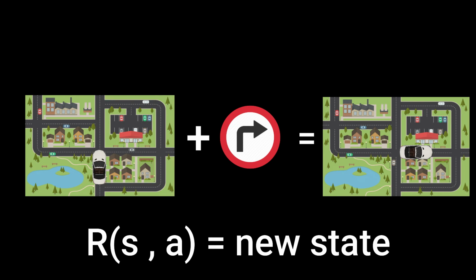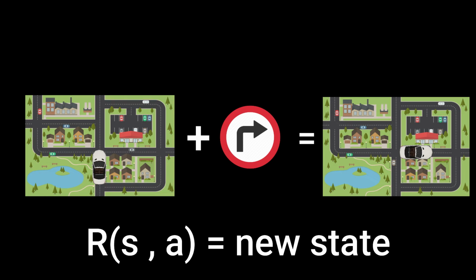This is a state of our self-driving car. And here's an example of an action, taking the right turn. So what happens when you put these into the result function? The result function takes this state as a first input and takes an action as a second input. The output is a new state, and this describes how states and actions are related to each other.